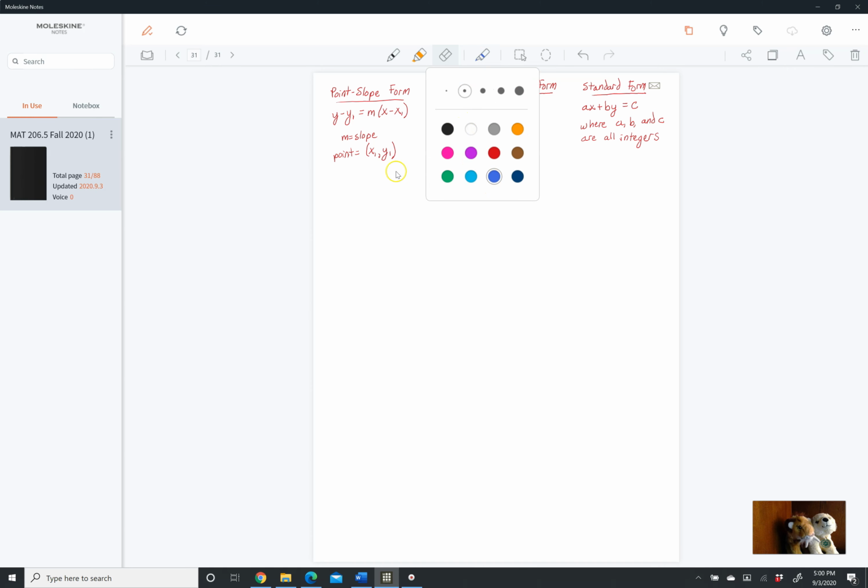And the big difference between these, and this is how you can tell how to solve it: slope-intercept form says solve your equation for y. And standard form says solve your equation for the constant. Remember, a constant is anything that is not attached to a variable, right? So this is saying, if I want to go to slope-intercept form, take whatever equation you're given and solve it for y. If I want to go to standard form, take whichever of these two equations you're given and solve for the constant. Okay, so let's just take an example.